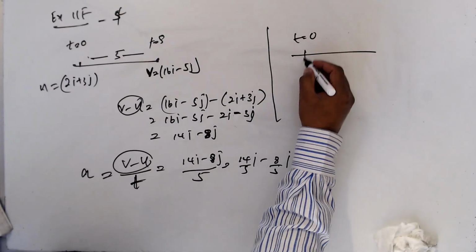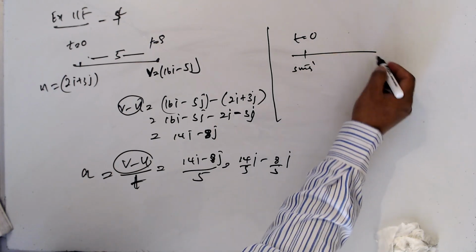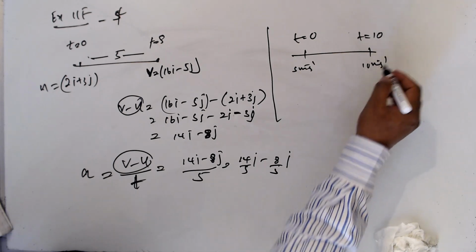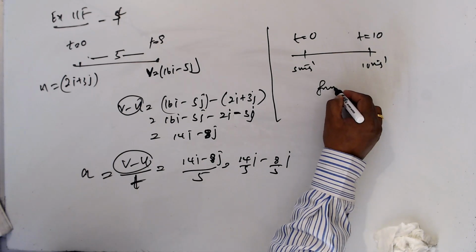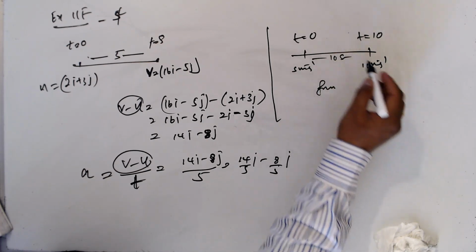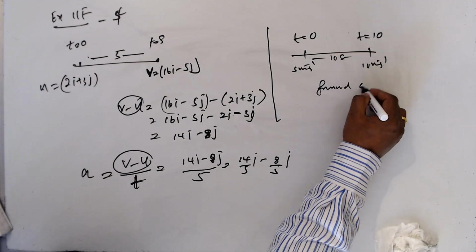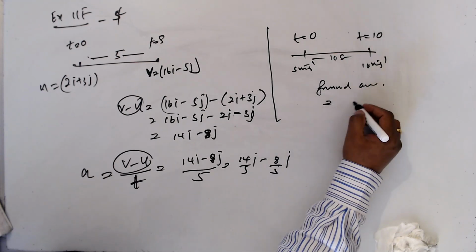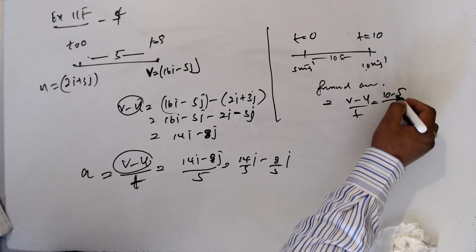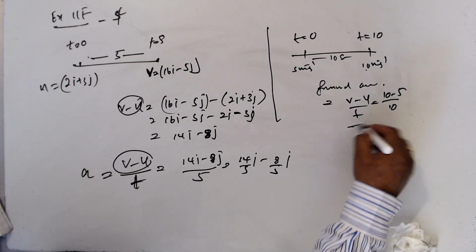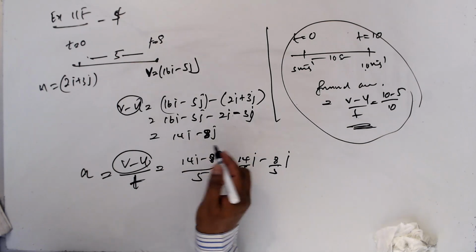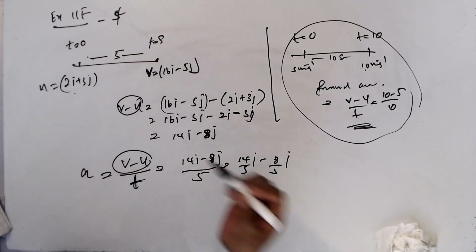When t equals 5, speed is 5 m/s. Then t equals 10, speed is 10 m/s, and you travel 10 seconds. Then find the acceleration: v minus u divided by t, 10 minus 5 divided by 10. So just simple physics. Only here you see the velocity in vector mode, that's all.